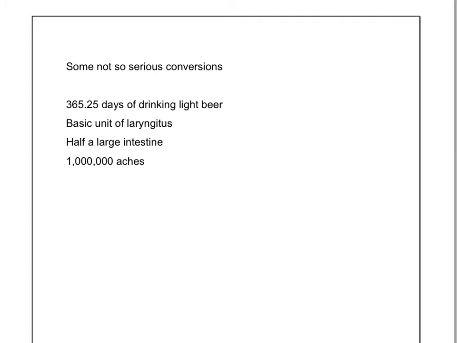As we get ready to make some conversions, I came across a list much longer than this. I picked out the highlights of this list of some kind of silly conversions. So 365.25 days of drinking light beer is called a light year.